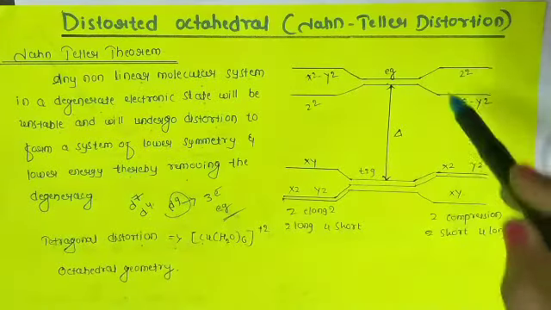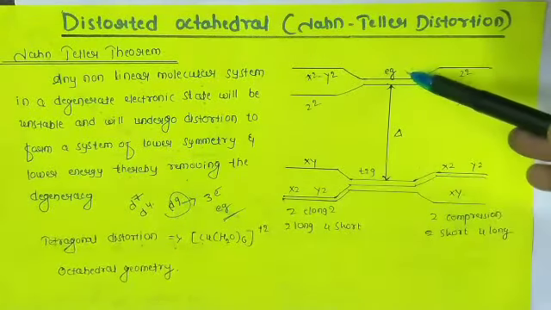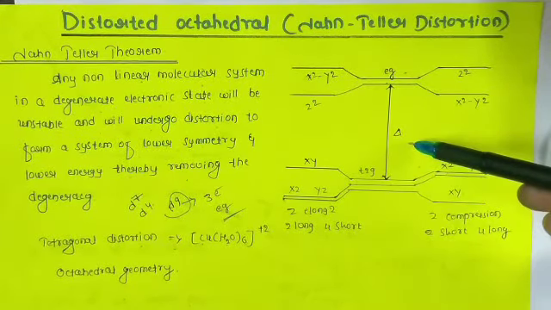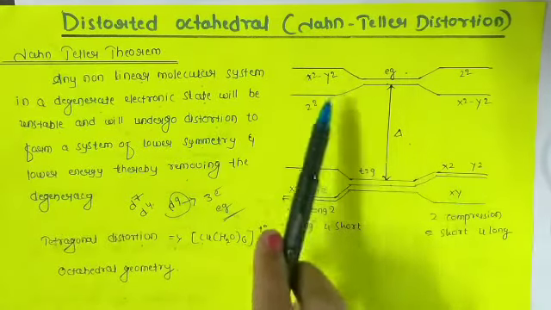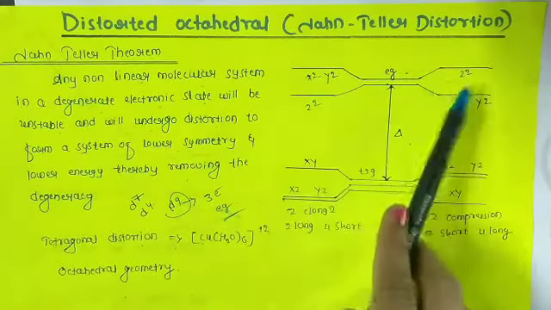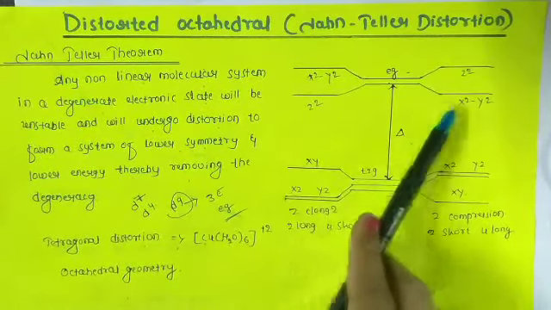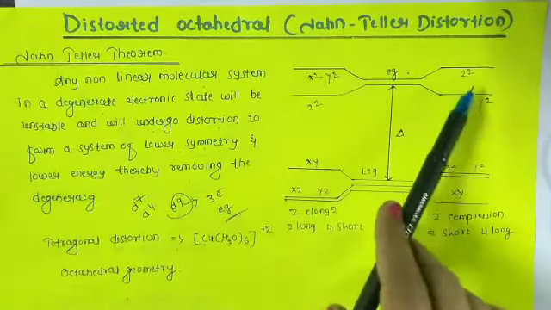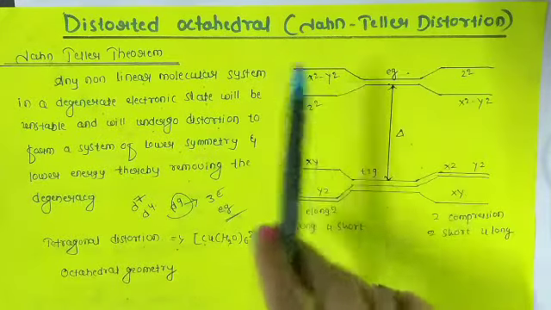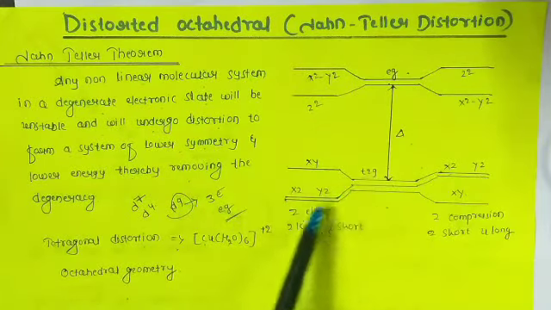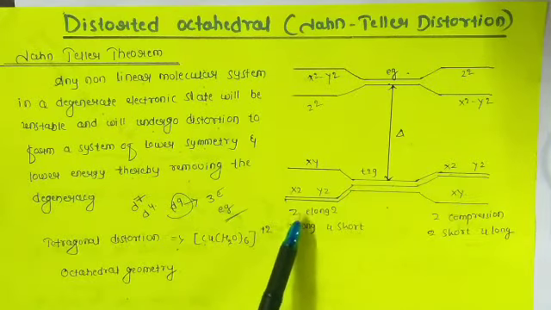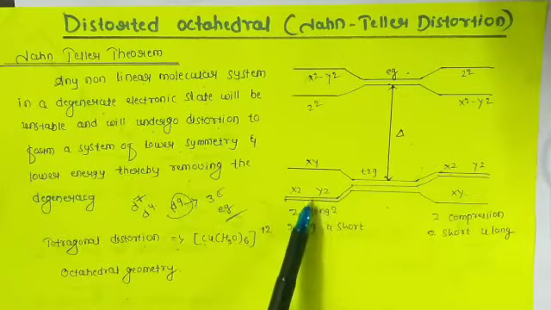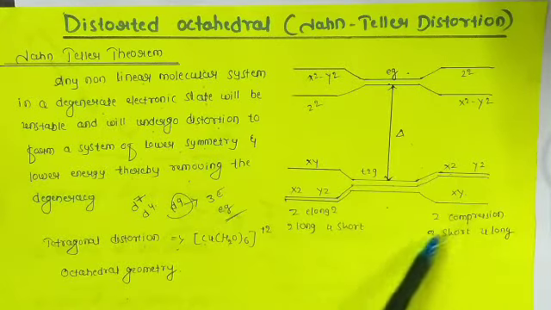So see here, this is the eg set of orbitals and this is the t2g set of orbitals, separated by this energy difference. Here this side is x square minus y square and this is z square; x square minus y square and z square means it is doubly degenerate. Then the t2g set of orbitals: here z elongation, where 2 are long and 4 are short, and here z compression.